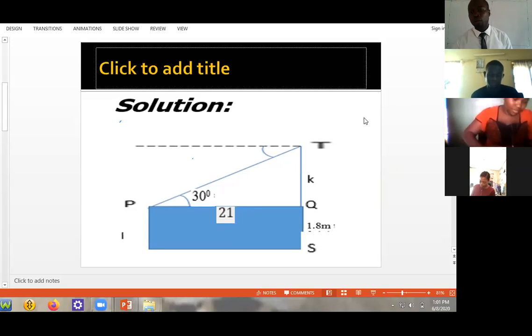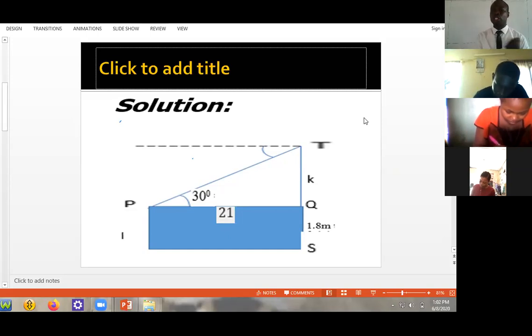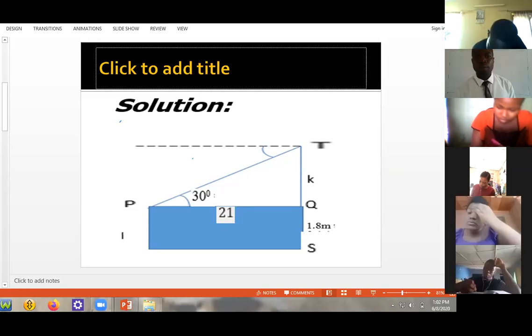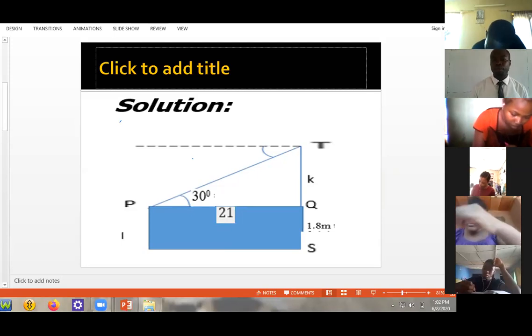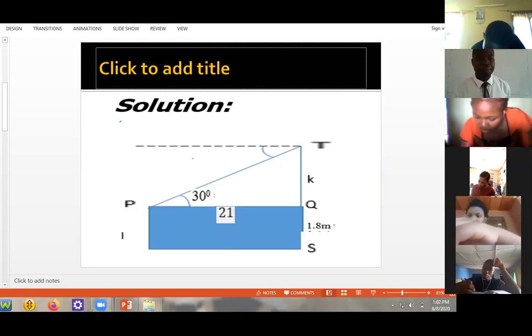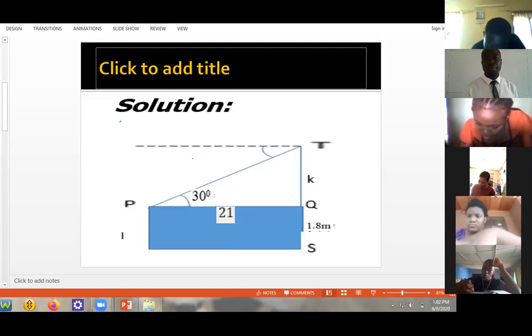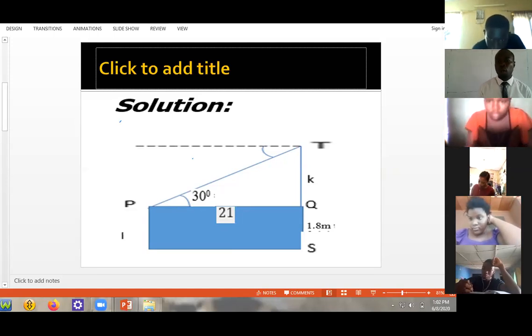Tan 30 equals opposite over adjacent. Your opposite is K and your adjacent is 21. So let's go, let's be fast. Some people are not writing.